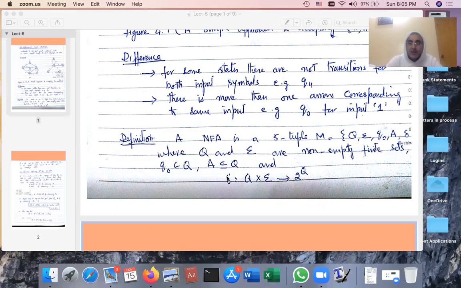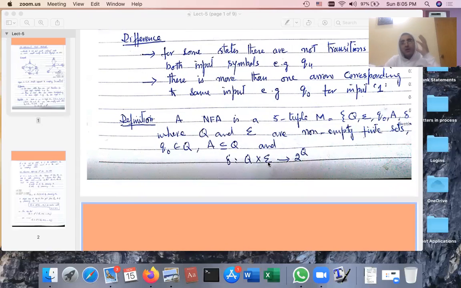And the delta, which is the transition function, can be written for the case of an NFA like this: delta colon Q cross sigma equal to 2 raised power Q. Here, Q cross sigma means you can take any state from the set of states and any symbol from the set of symbols, and after applying that input on that state, you can reach some other states.